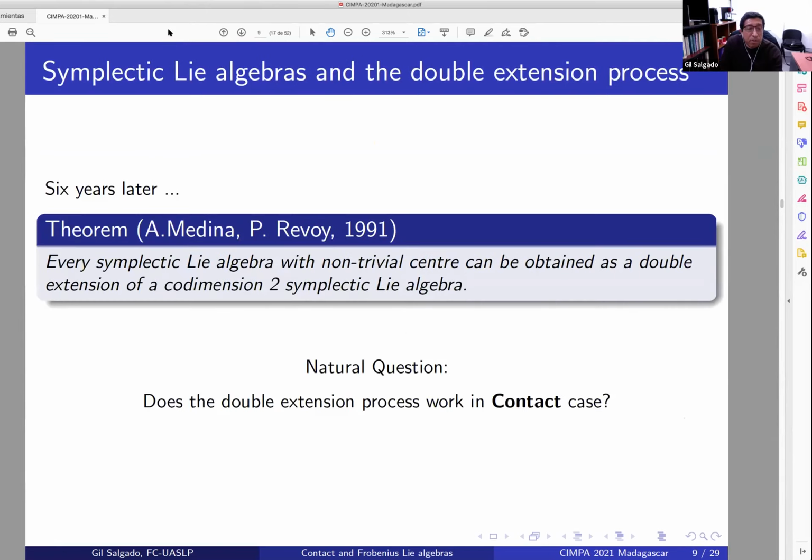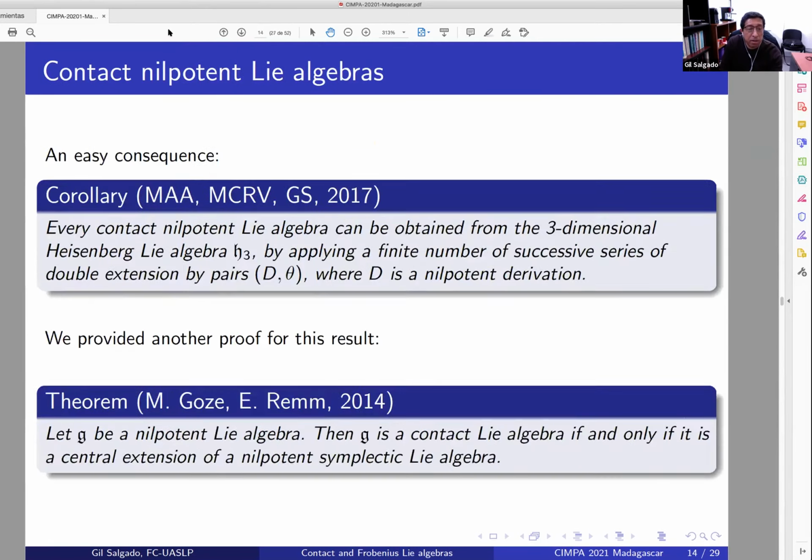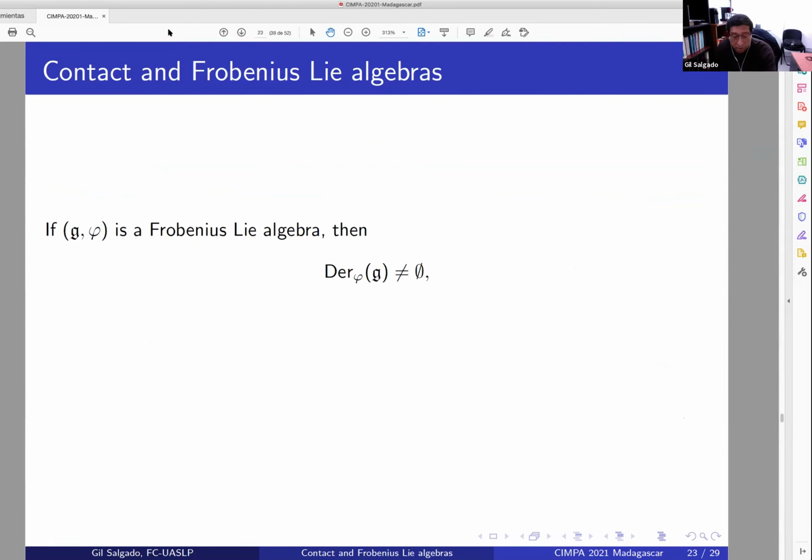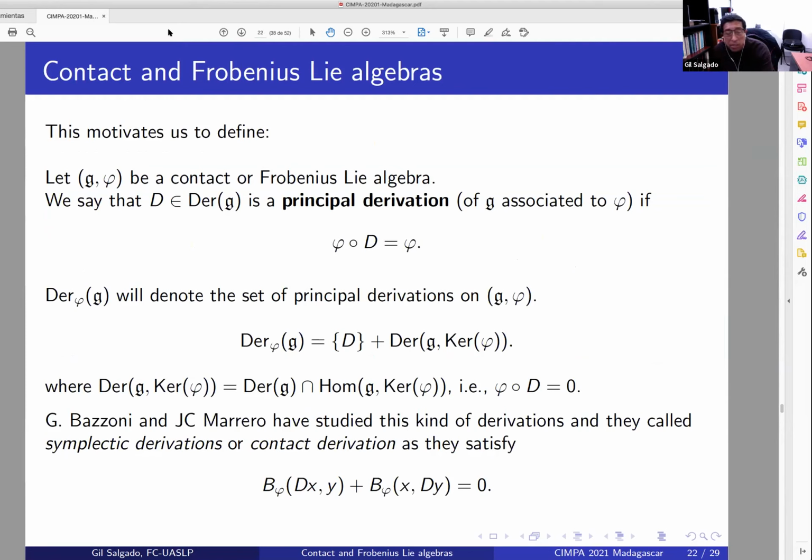They were in fact working in what they call locally conformal symplectic Lie algebras. And to construct this kind of Lie algebras, they need exactly this kind of derivations. And obviously this kind of derivations always exist.